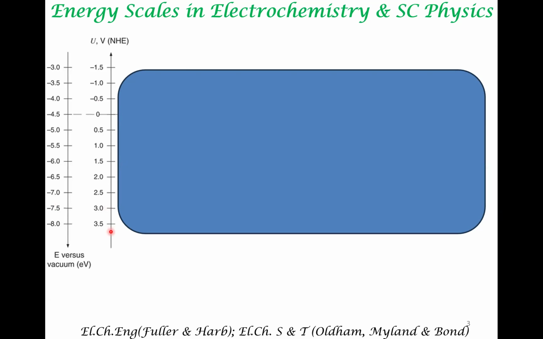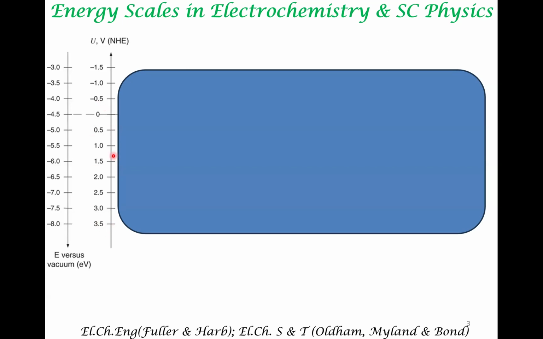But in photoelectrochemical systems or in semiconductor electrochemistry, we have to bring together these two concepts, because the electrode, in some cases will be metals, in some cases it'll be semiconductors, and the energies of metals and semiconductors are typically referred to using work function, whereas the redox couples that are present in the electrolyte would be specified using the energy scales that are developed in electrochemical systems.